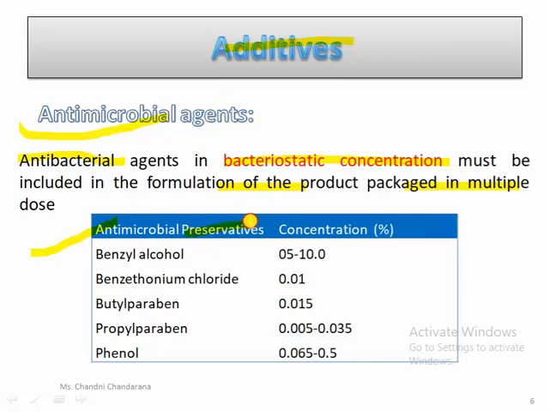You can say preservatives. It is used as a preservative and this is the concentration in percentage. These are the examples used as antimicrobial agents in parenteral preparation: benzyl alcohol 5 to 10%, then benzethonium chloride, butyl paraben, propyl paraben and phenol.